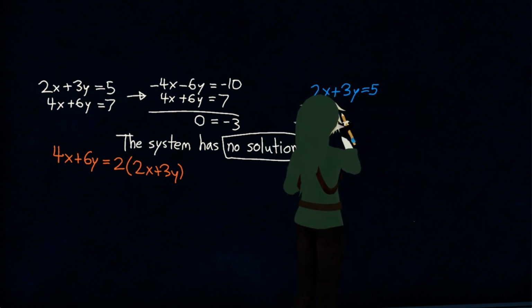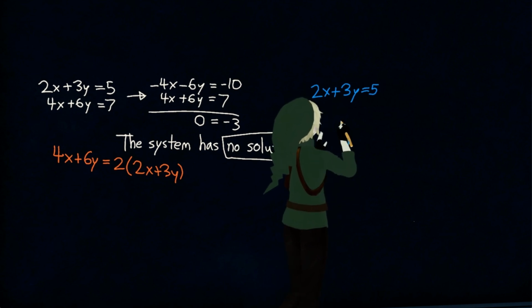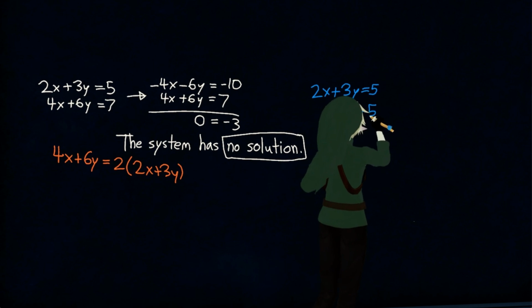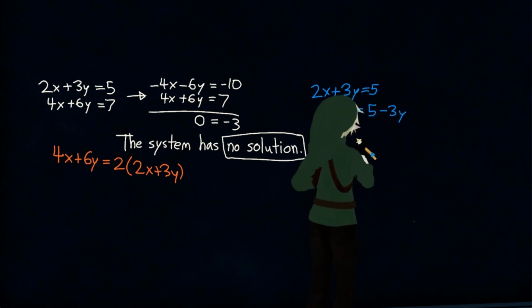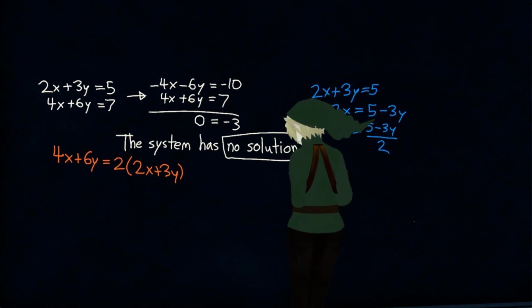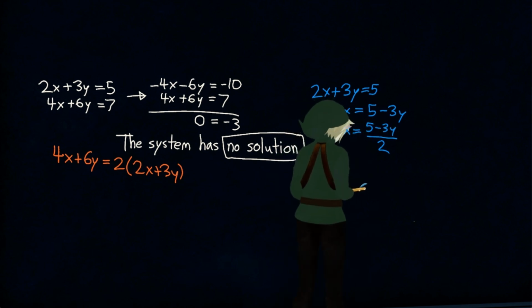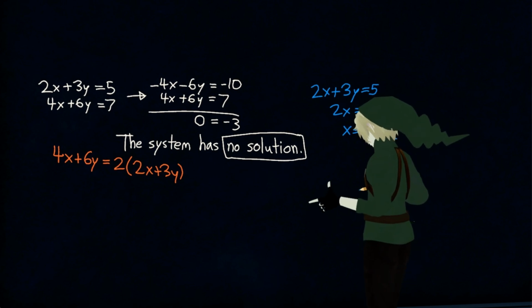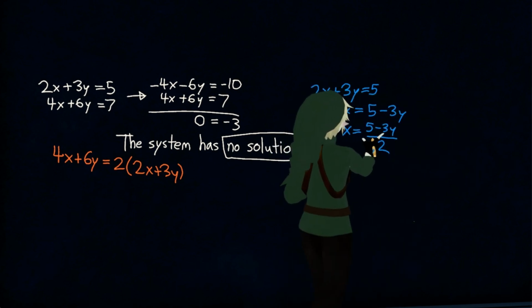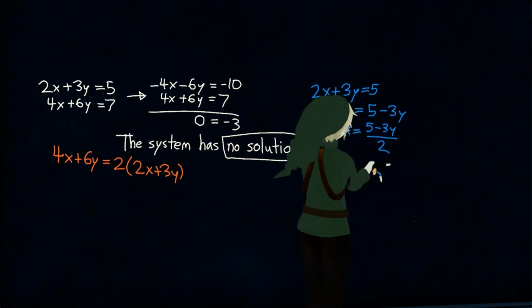So pretty much, if I isolate x, right, we get 2x equals 5 minus 3y. We're doing some algebra recall here. So pretty much this x here, that's all we have. That's what we have only.